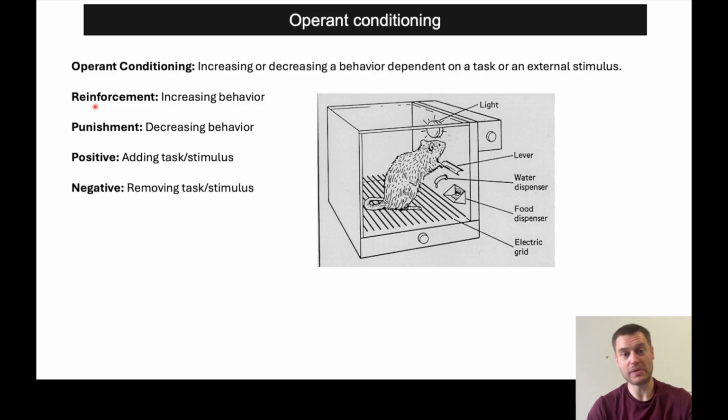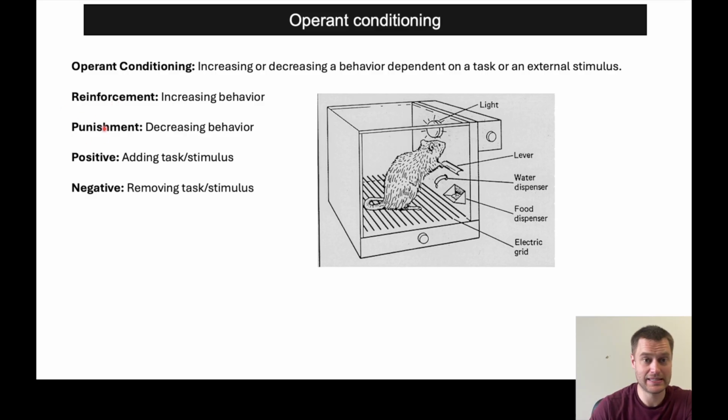Reinforcement means increasing behavior. So you could have positive reinforcement or you could have negative reinforcement. We already talked about some of this in our homeostasis lecture when we were talking about how homeostatic behaviors are regulated. A lot of times it's through negative reinforcement. Reinforcement itself just means increasing behavior in this context.